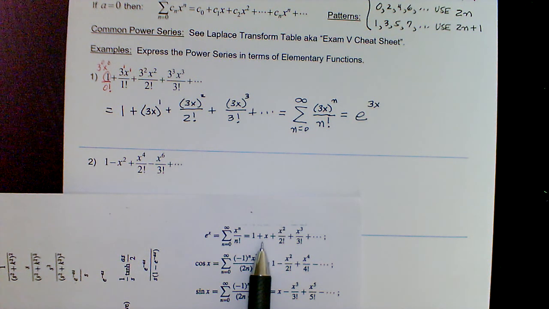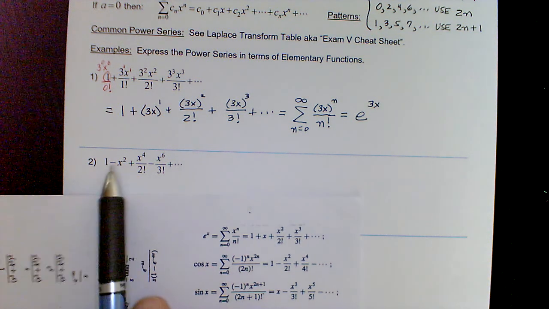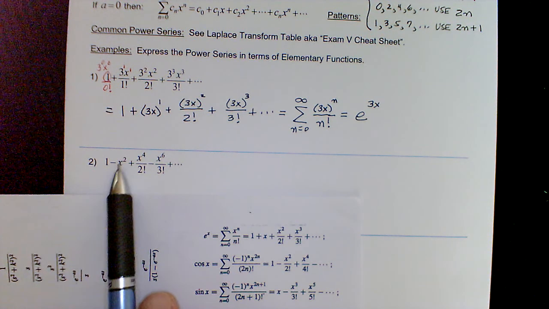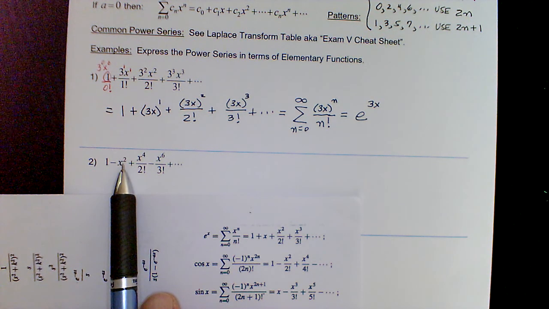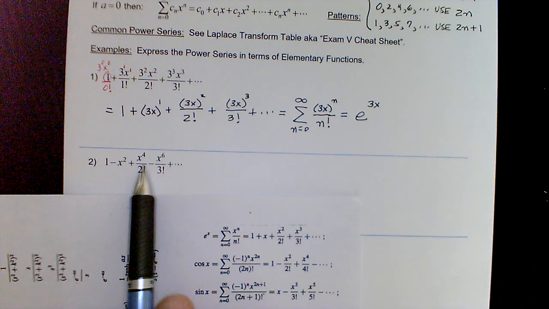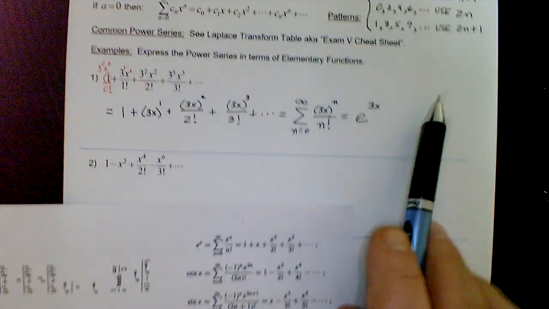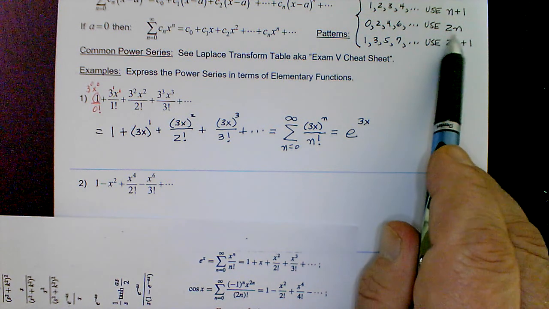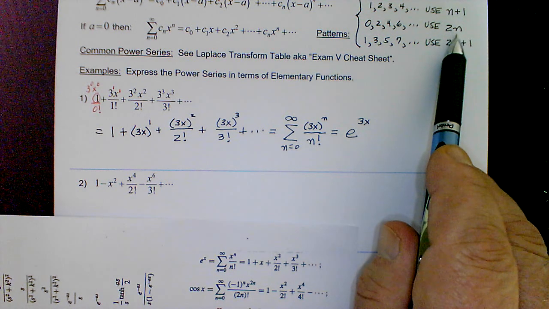Now, a couple things that are an issue is the fact that the signs alternate. And then the powers, instead of being 0, 1, 2, 3, it's 0, 2, 4, 6. Okay, so don't forget up here the patterns for 0, 2, 4, 6. We can use 2n.